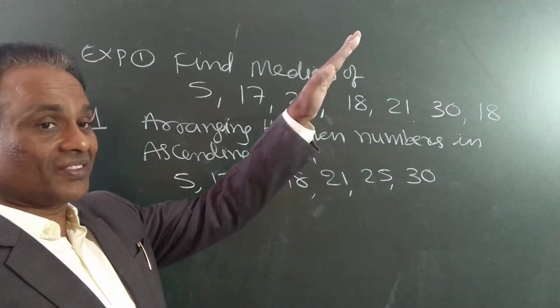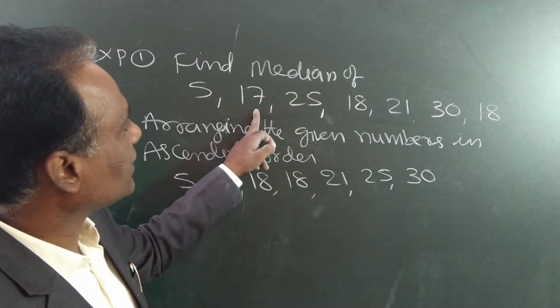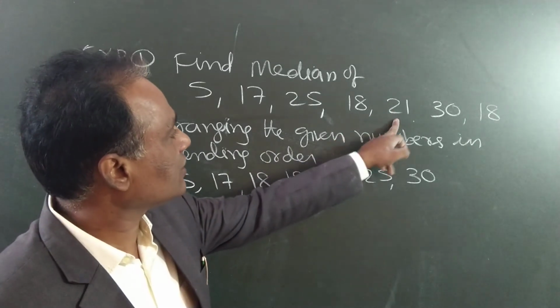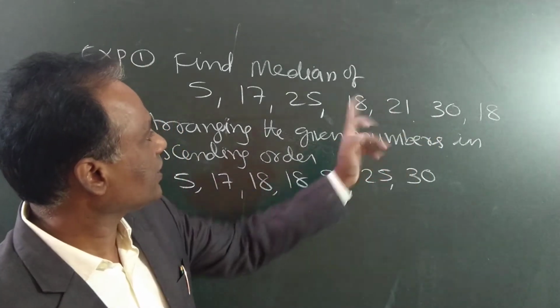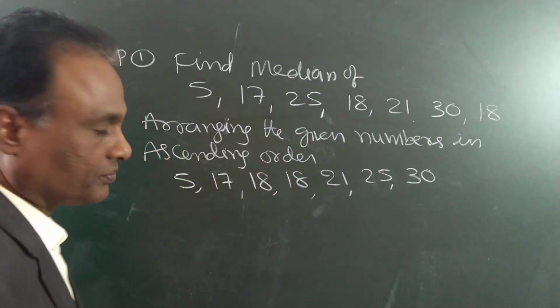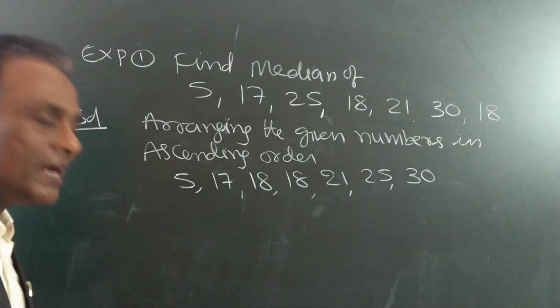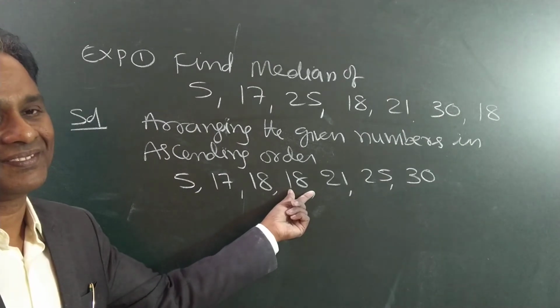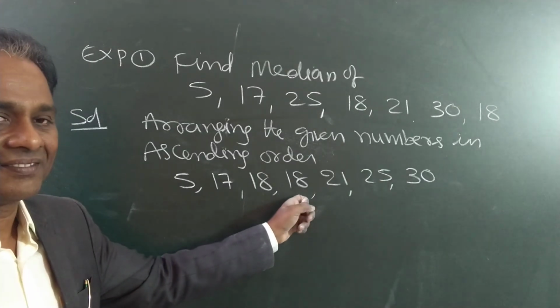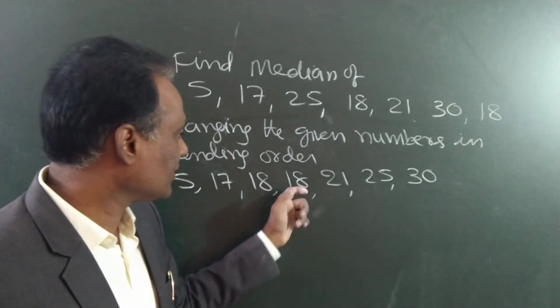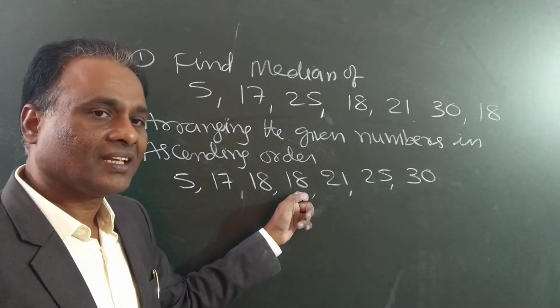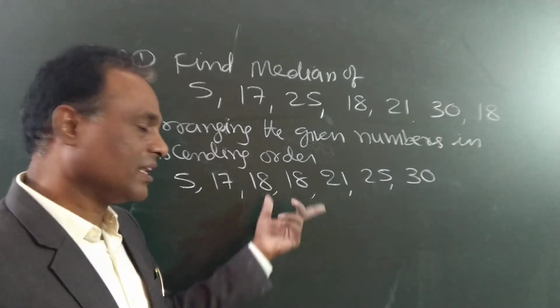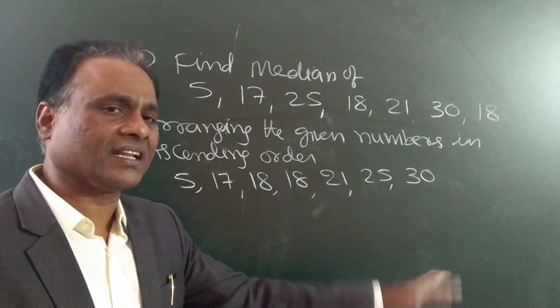What is the median? Middle one is the median. 3 and 3, 18 is the middle one. Directly you can tell the middle one is 18, that is the median.